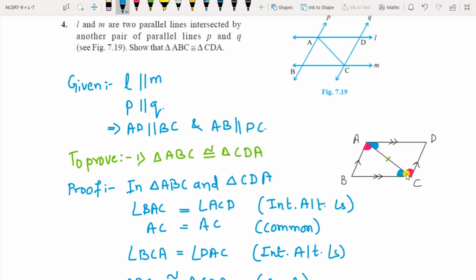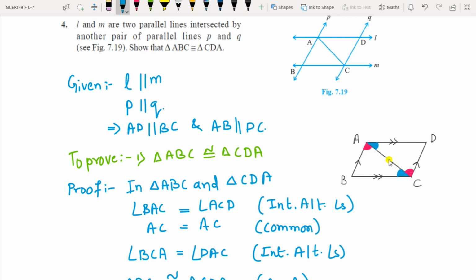Okay, so because of the parallelogram, now what angles become equal? Now you can see this becomes a Z here, that is with the pink color that I have shown this way. So these two angles become equal to each other by interior alternate angles, and if you go this way, that is the blue color angles, so this is also becoming Z. So this angle and this angle is also equal to each other by interior alternate angles.